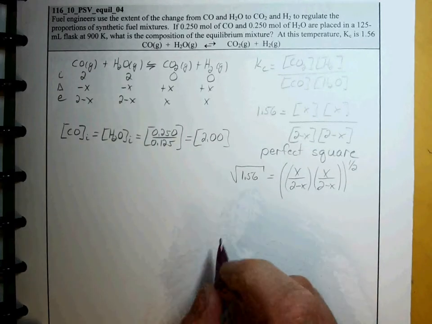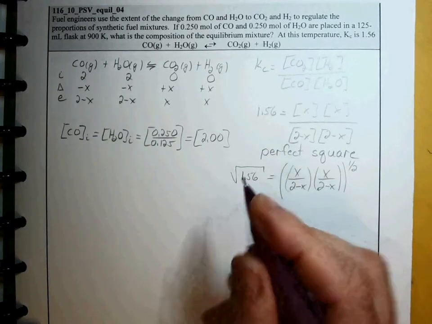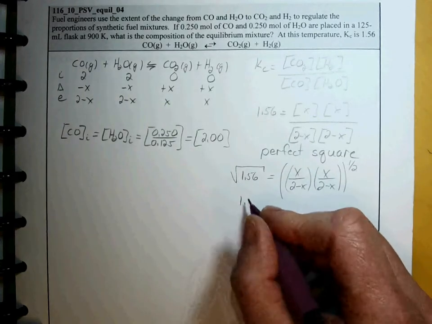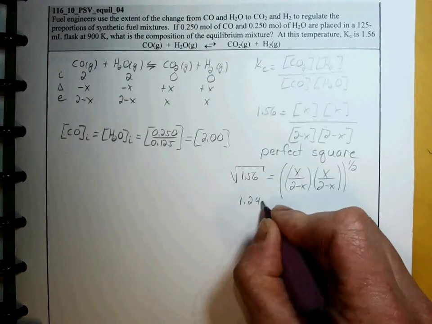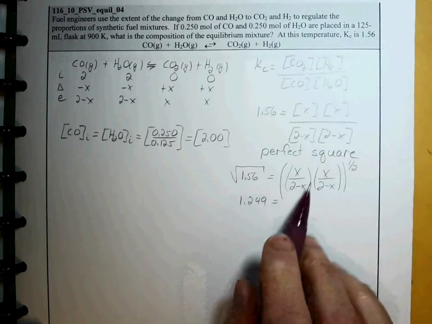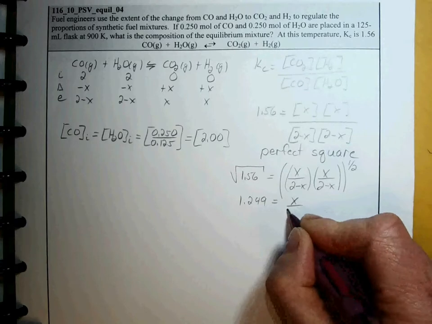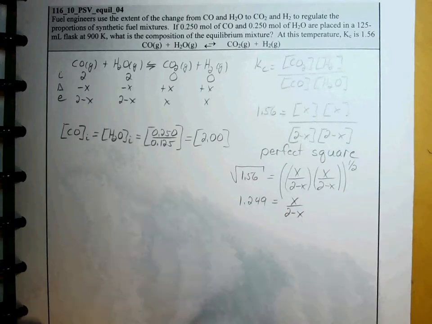So if we take the square root of 1.56, we get 1.249, and on this side the square root is obviously going to be X over 2 minus X.